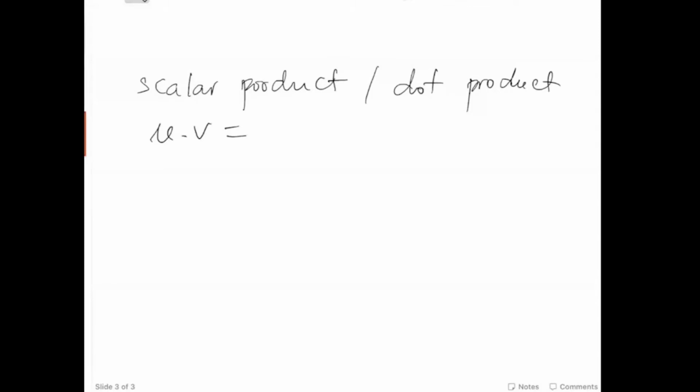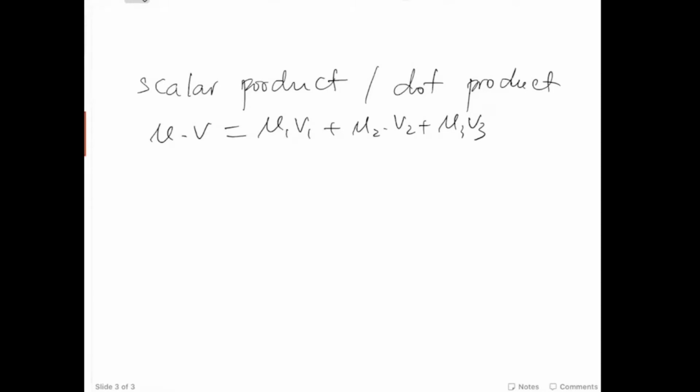And I have shown in the video a demonstration of how you get the value of u dot v, which is u1 v1 plus u2 v2 plus u3 v3 as the definition of the dot product.